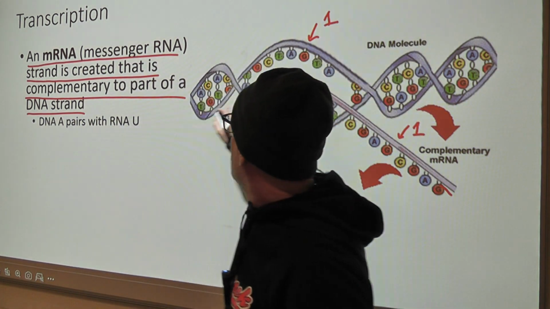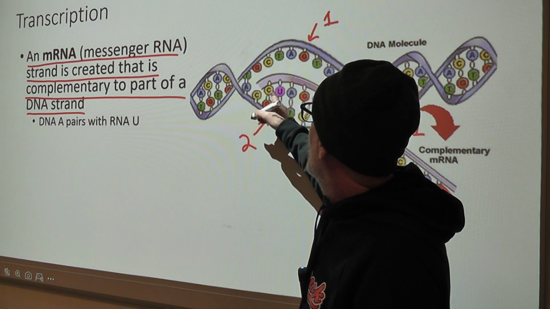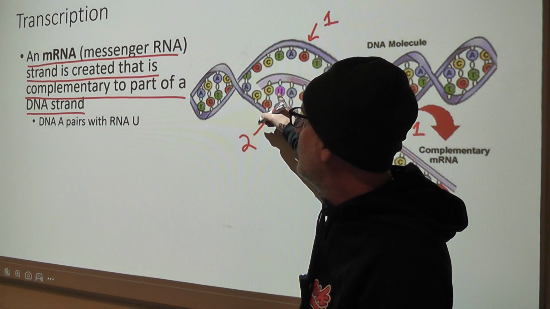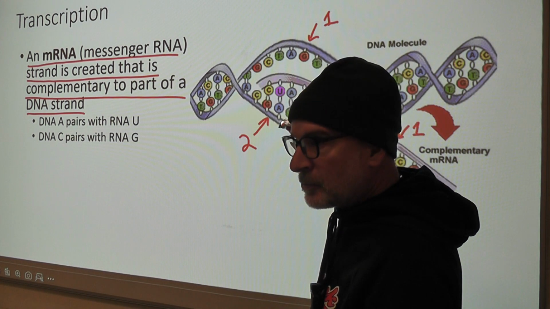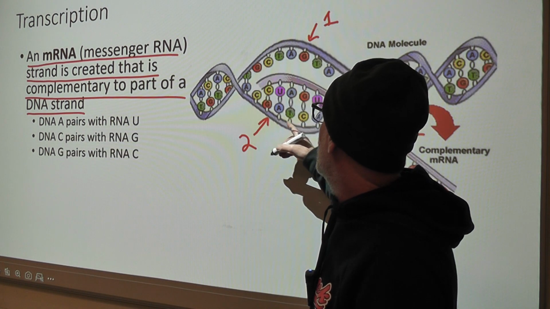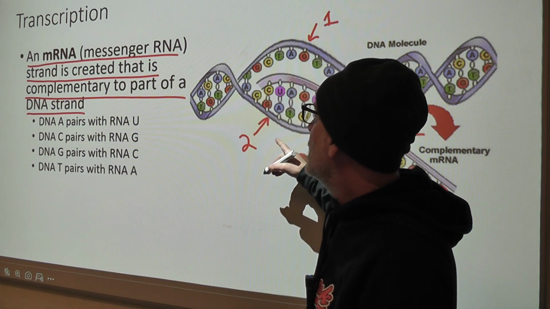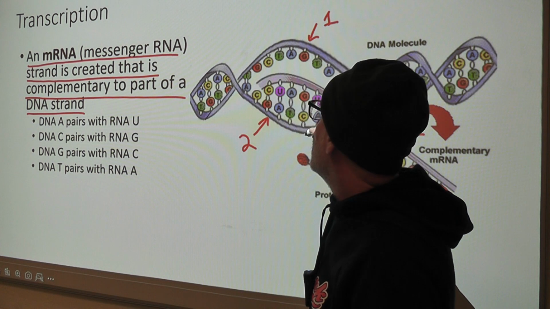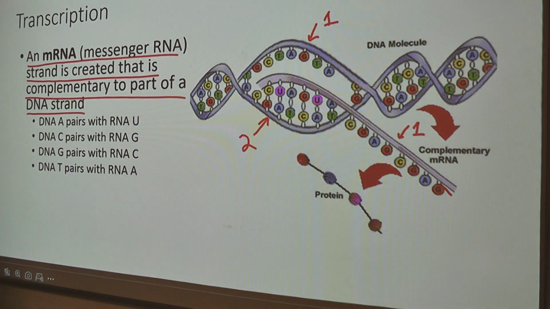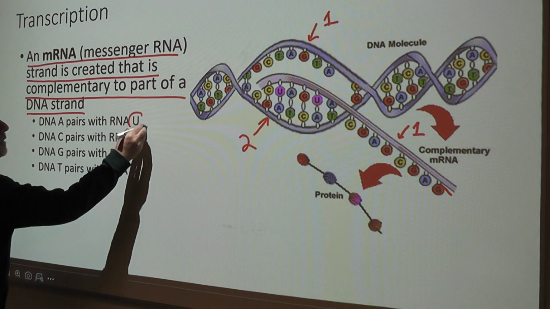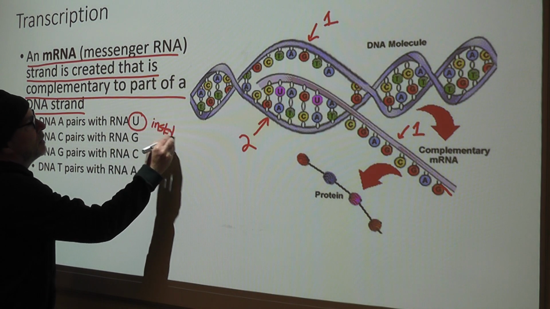Wherever the original strand of DNA has an A, the complementary messenger RNA will have a U. Wherever the original DNA strand has a C, the complementary strand will have a G. Wherever the original strand has a G, the messenger RNA strand will have a C. And wherever the DNA has a T, the messenger RNA will have an A. So it's the same base pairing rules, except that there is no T in RNA, and we have a U instead.